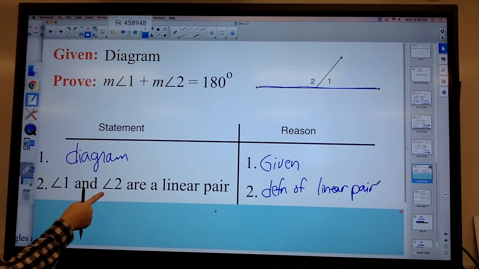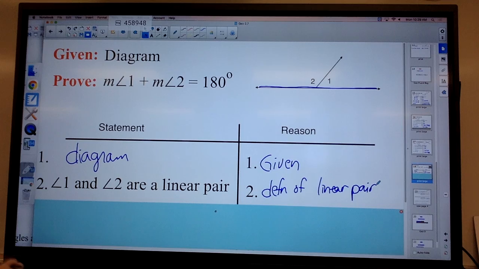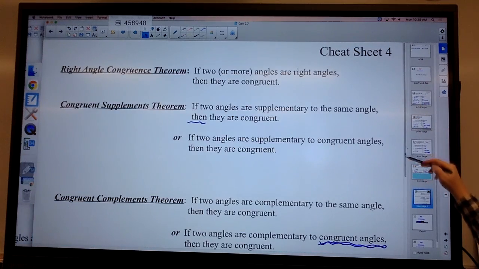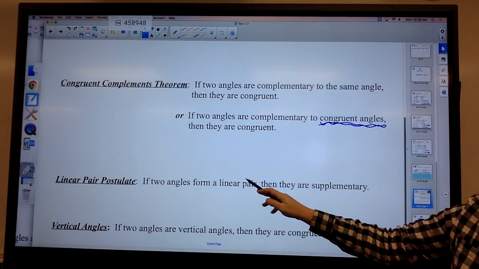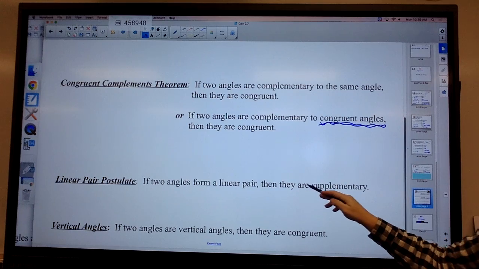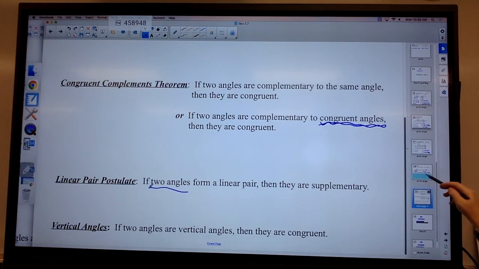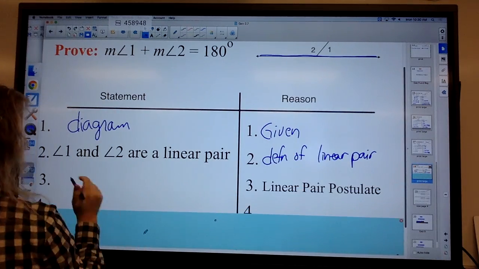What do we do when we know that they have a linear pair? Well, we know eventually we have to make them equal to 180, but we can't yet. We have to use linear pair. What does the linear pair postulate say? If two angles form a linear pair, oh, we just did that, then they are supplementary. What two angles are supplementary? Angle 1 and angle 2.